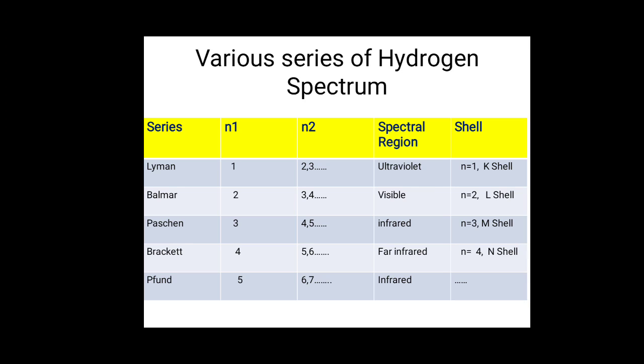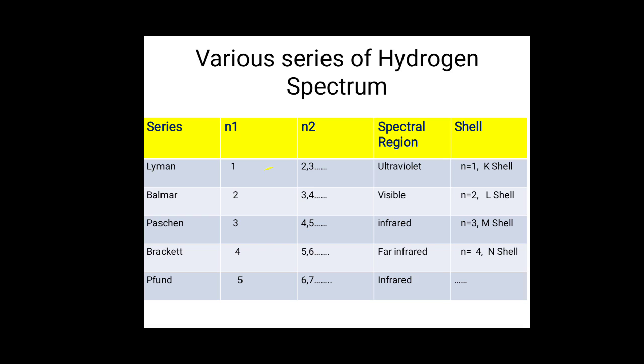In the Lyman series, the excited electron at n equal to 2 comes back to the ground state or lower energy level, N1 equal to 1.